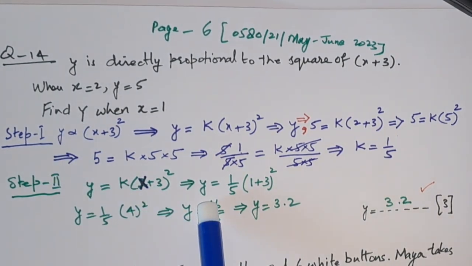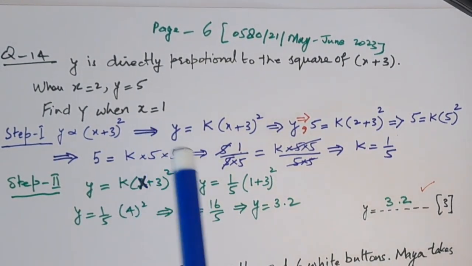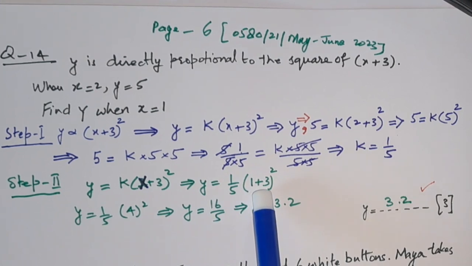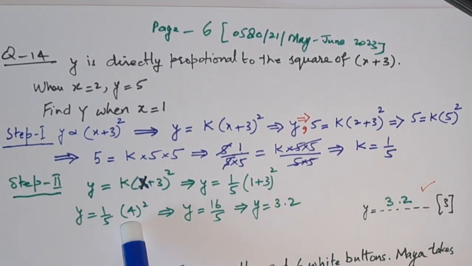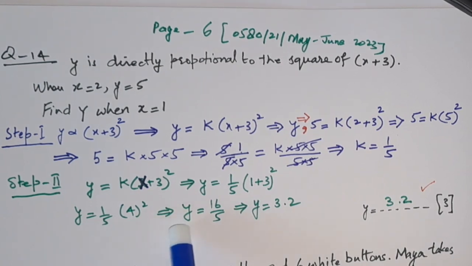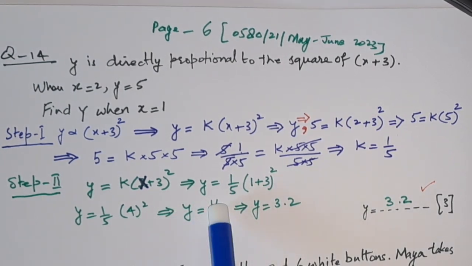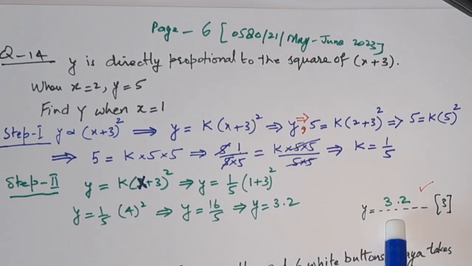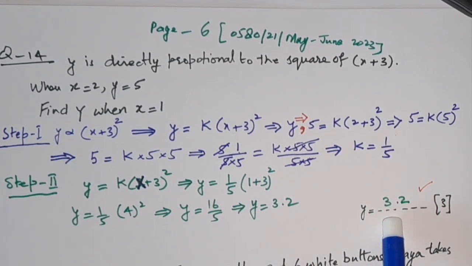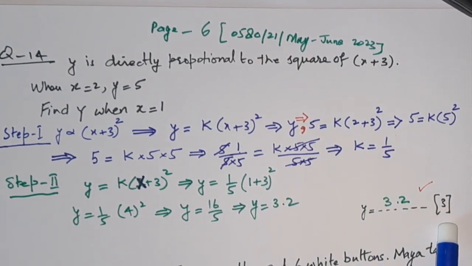Y will be written as it is. X is equal to 1, put in the value of x as 1, and this will be 1 plus 3 whole square, that is 4 whole square. So we get y equal to 16 over 5, which is 3.2. Write down the answer in the space as y equal to 3.2 and get 3 marks.